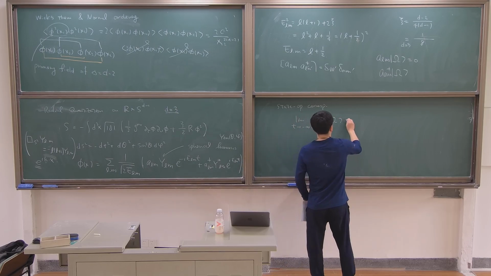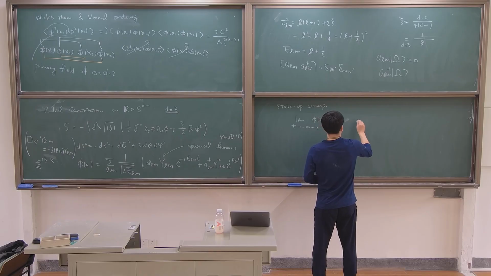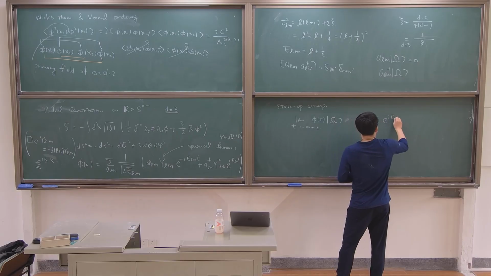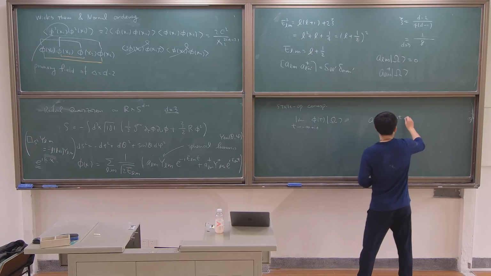So that is corresponding to a_00 dagger, e to the i E_00, and also.